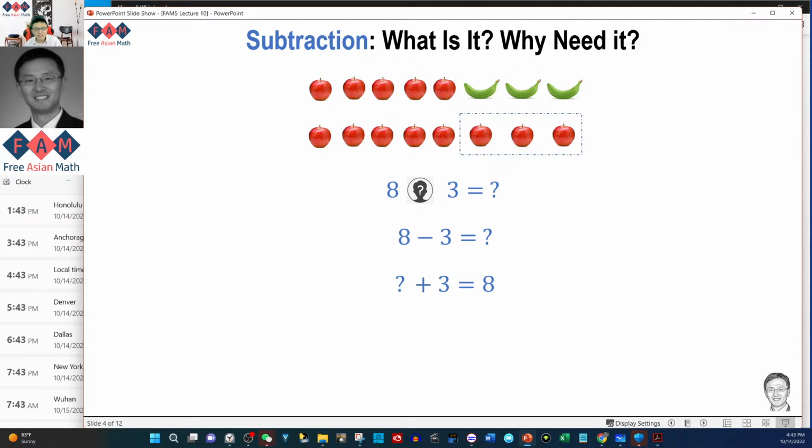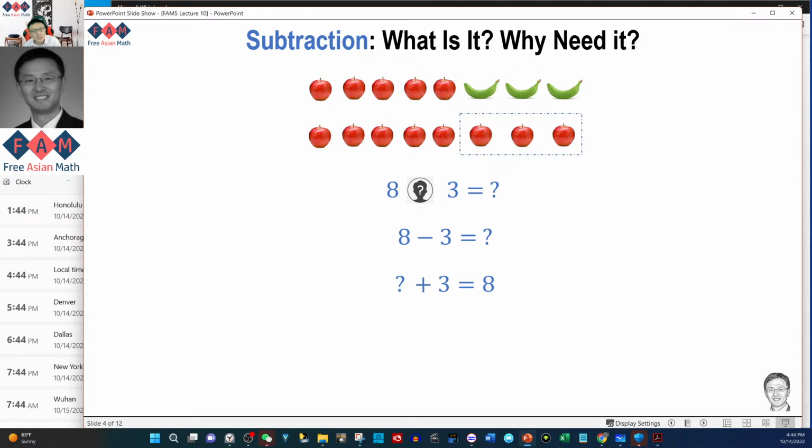You remove it first, then you put it back, then you get back to where you are. So, if that's the case, this question mark represents what we should have after removing the 3 apples. We can rewrite the addition operation like this. So that means that those last 2 expressions are essentially the same thing. They mean exactly the same thing. We just write them in different ways.